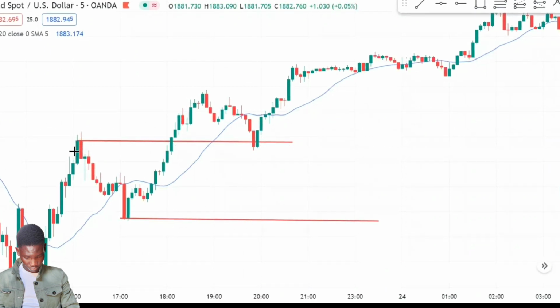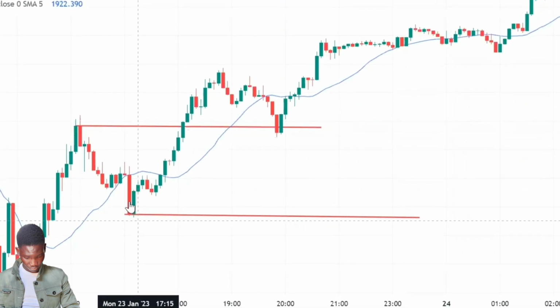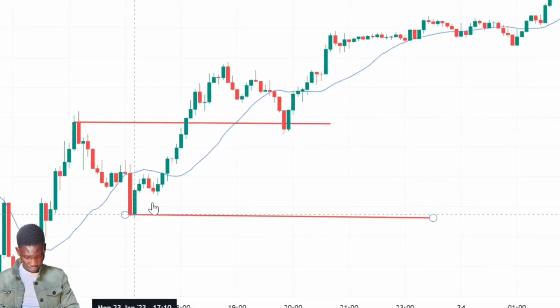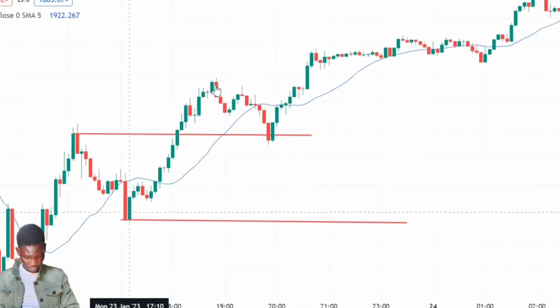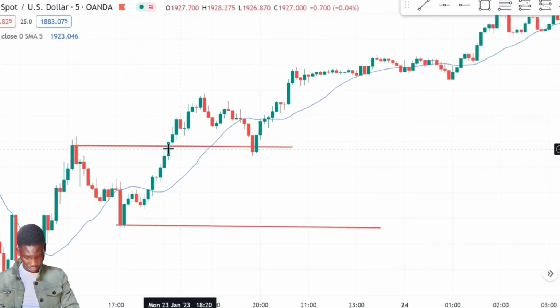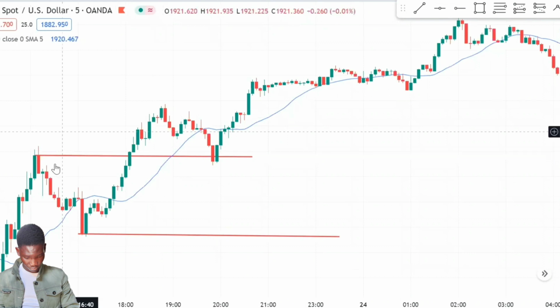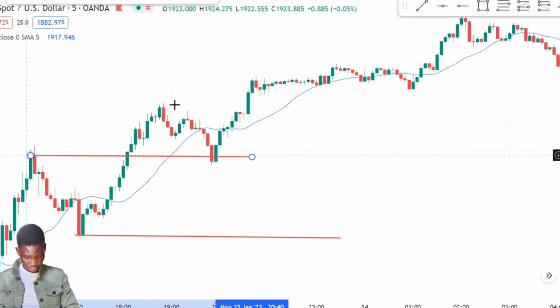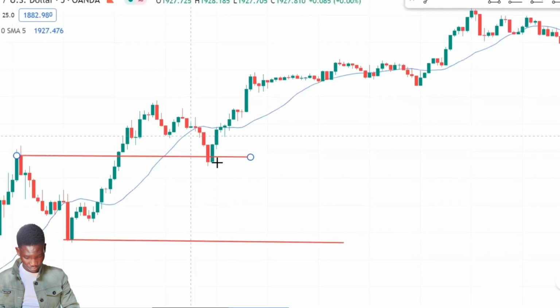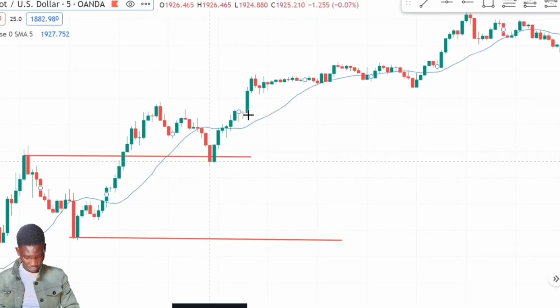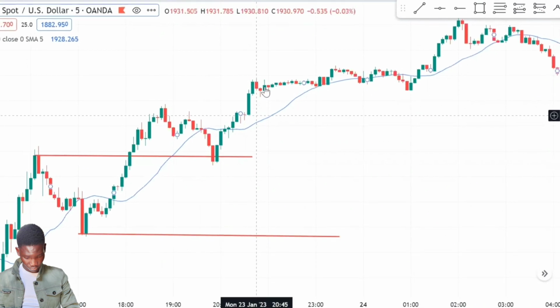So as you can see here, price initially came down here, created a retest zone before going up. And price came back down here again and tested this zone that it initially broke out of. So the price created a new higher high and also created a new lower high, just so that the market can continue towards the upside.